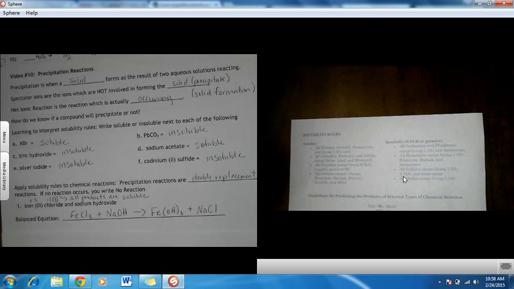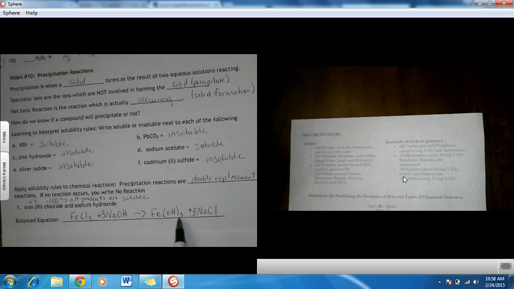We do still have to balance it, and so we have 1 iron, 3 chlorides, 1 chloride, multiply this by 3. That makes 3 sodiums, we multiply by 3. That makes 3 hydroxides, well, we have 3. So now we're balanced.